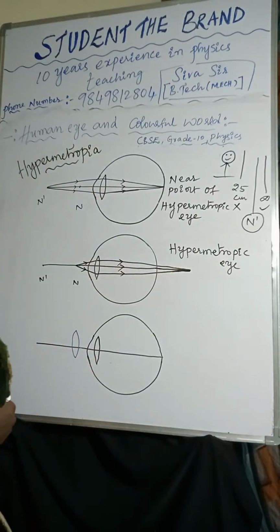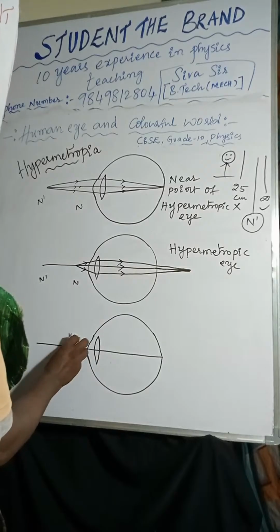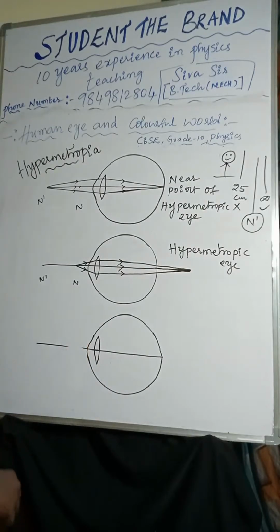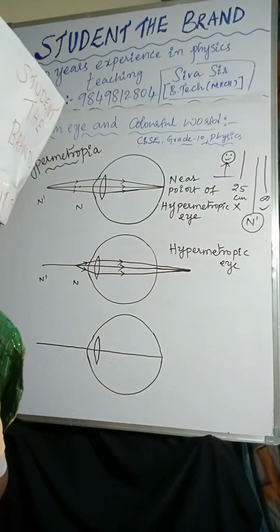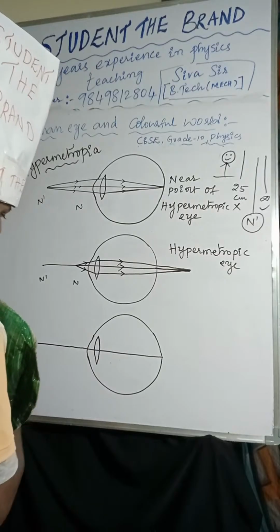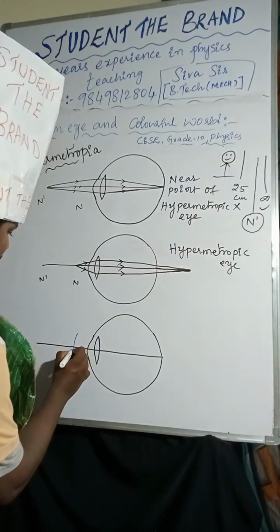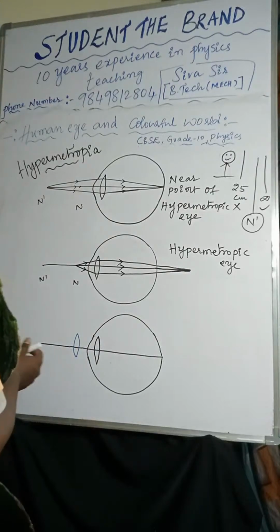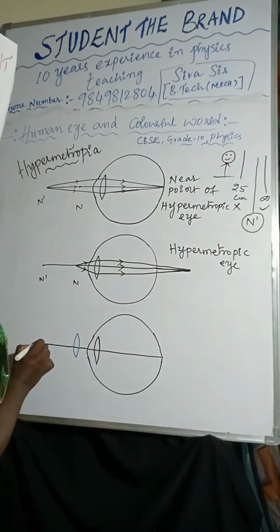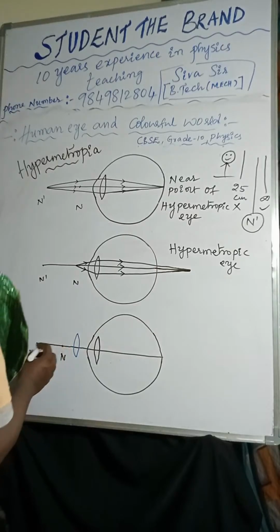One light ray I am taking. If the light rays are coming from N, what happens?